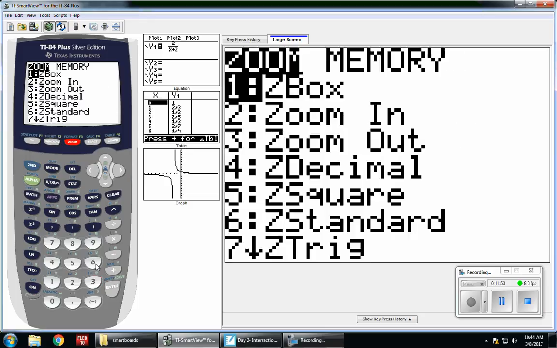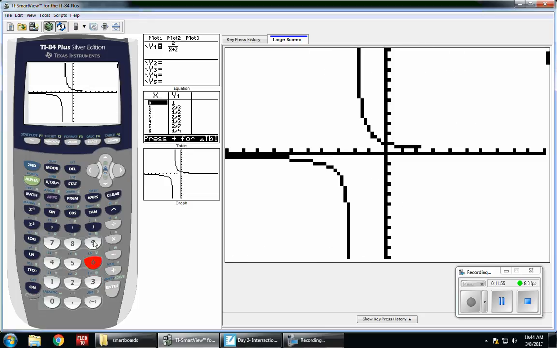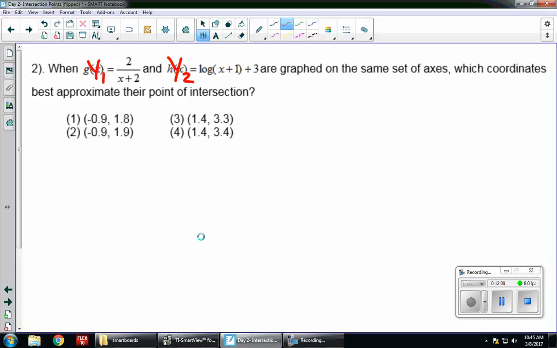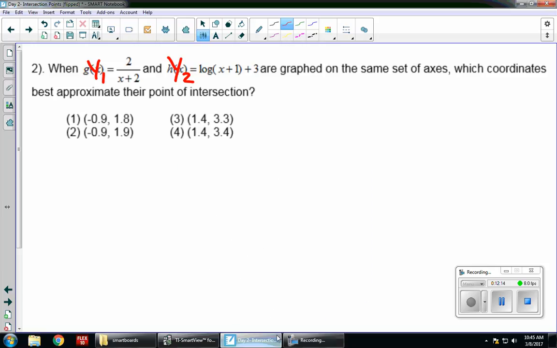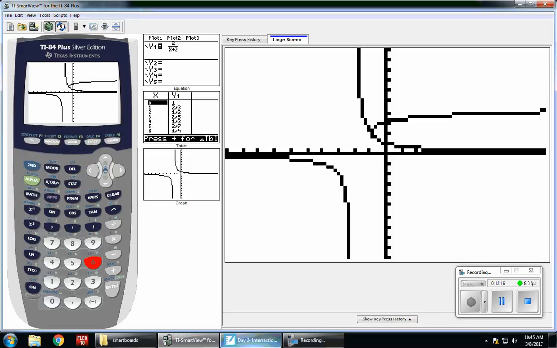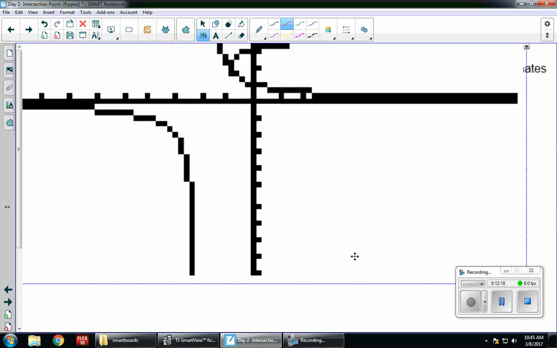So zoom 6 or graph, whichever one you want. Take a look at the picture that's sketched for you. Take a minute, sketch this picture on your paper. There we go.